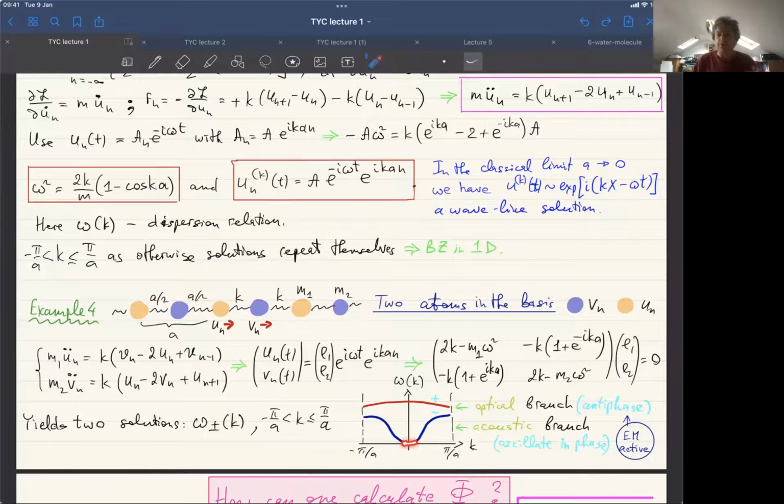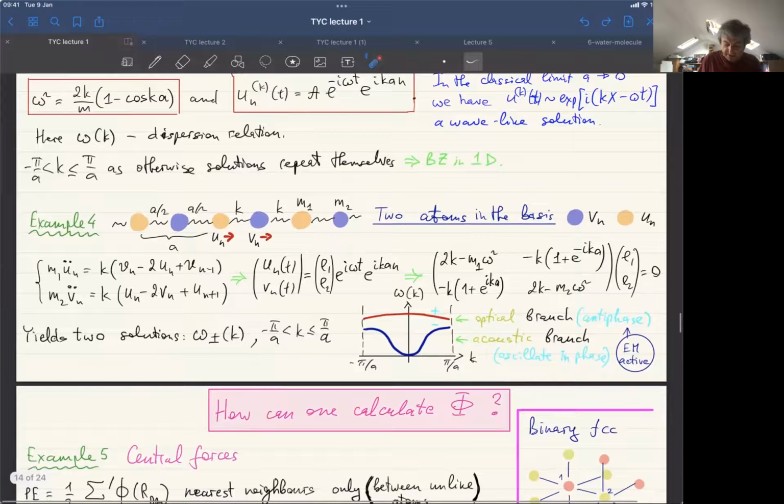For the acoustic mode, atoms oscillate in phase, which is what you would expect from an elastic wave: the whole crystal displaces in phase. But in the optical mode, atoms oscillate with opposite phase, and that's why, if atoms are differently charged, you would have a strong interaction with electromagnetic waves. That's why it's called optical. But again, k is still changing within the first Brillouin zone.